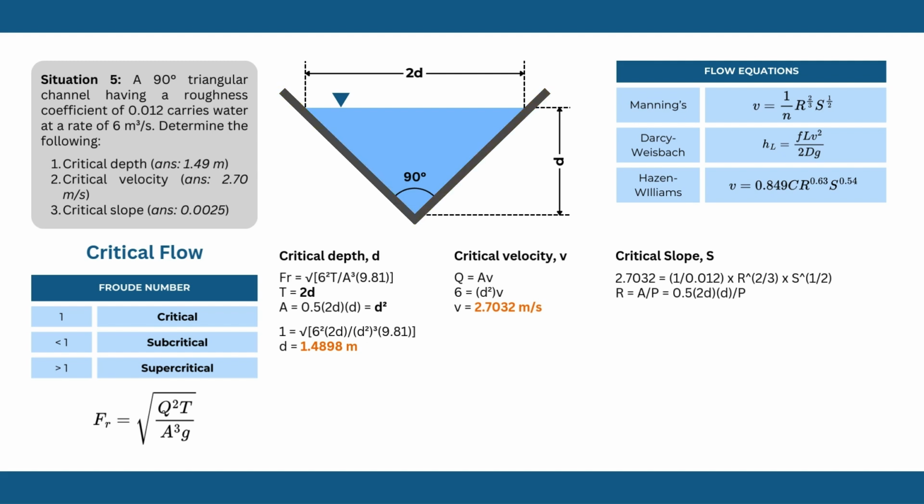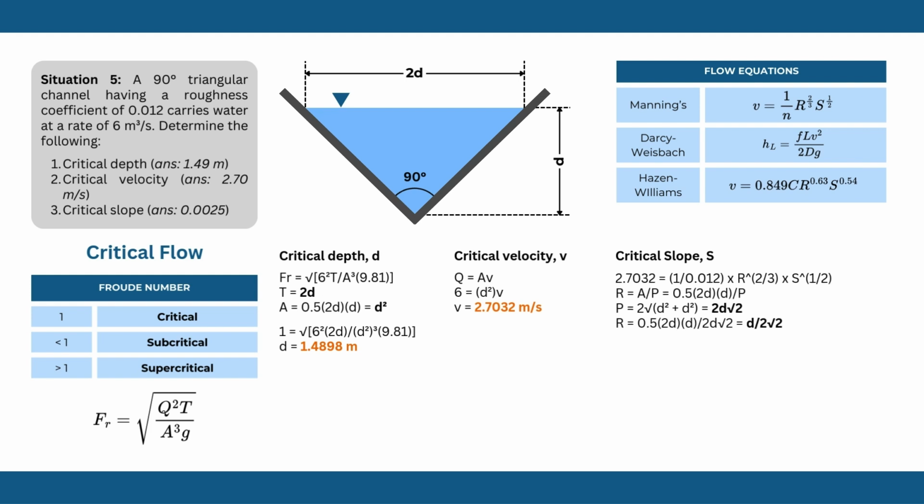So, considering na yung mabubuo nating right triangle on the half side of the whole triangle has lengths both equal to D, we will get a slant value of D square root of 2. And multiplying it by 2, since both sides yung included, we will have a wetted perimeter of 2D square root of 2.